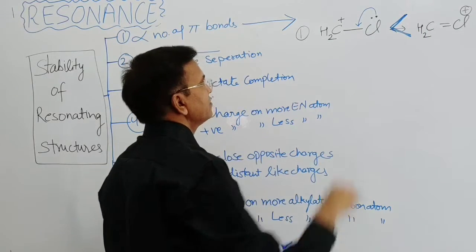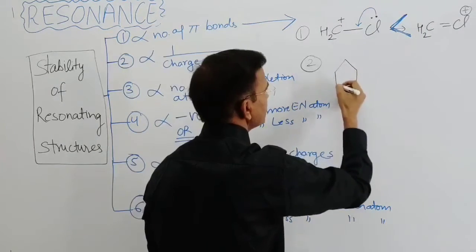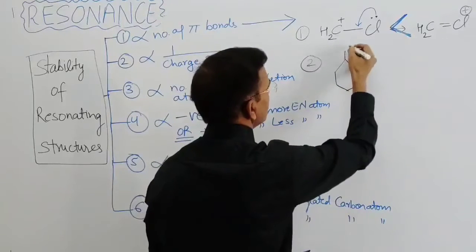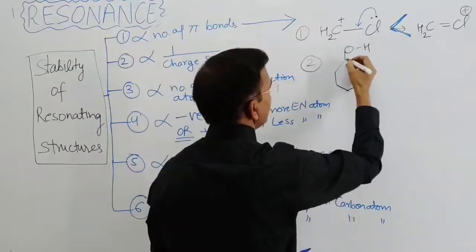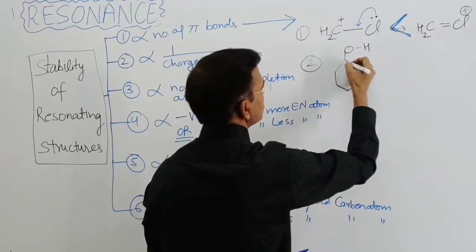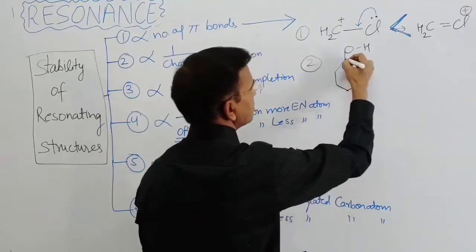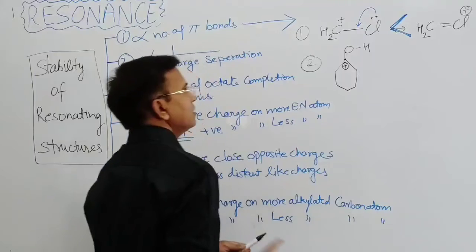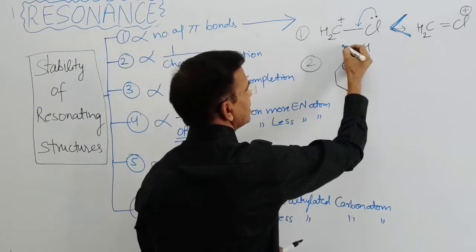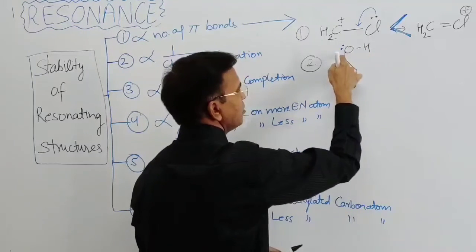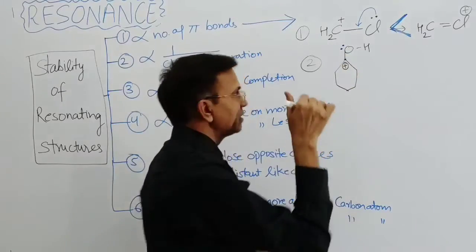Now the second question, OH, and here is the positive charge on this carbon, right? In this, oxygen has the lone pair of electrons, sigma bond, and positive charge. Conjugation is there.